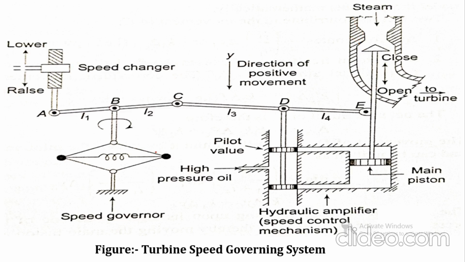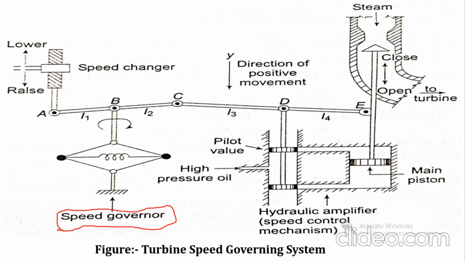Now the second one is the fly ball speed governor. This is the main heart of the system, and its basic working is to sense the change in speed, or we can say the change in frequency.